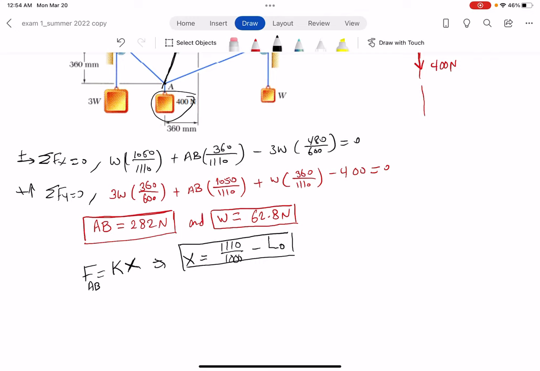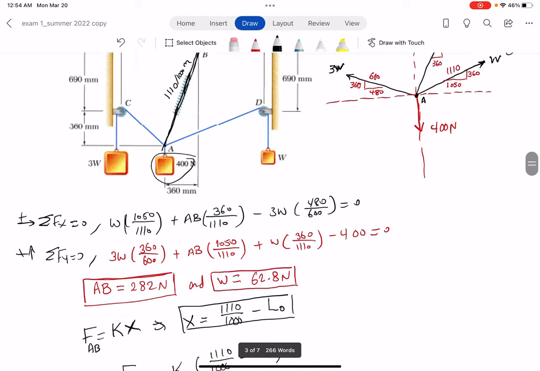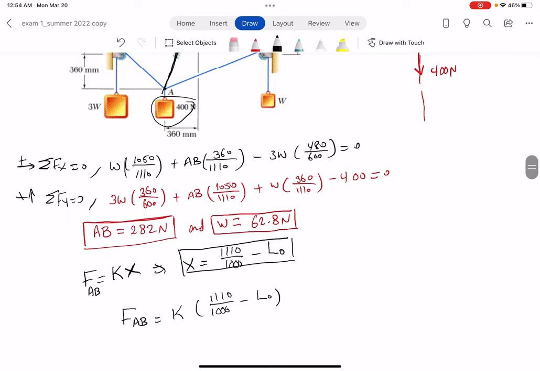We put this into the equation: the force of that cable equals K times (1110 over 1000 minus L naught). K is 800, and the force FAB is 282.